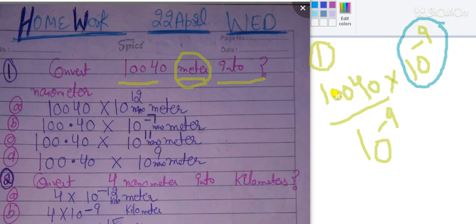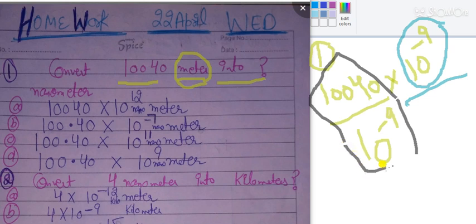So that means this term will become the unit, and this term will become the numerical value. So its numerical value will be, if I write here, 10040 into 10 raised to the power 9.